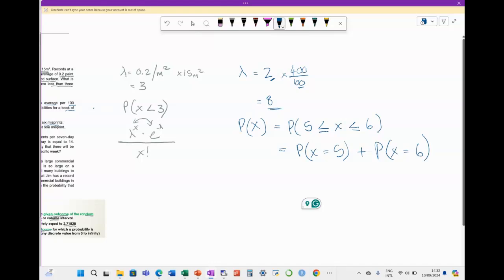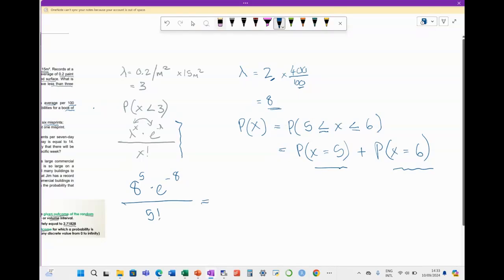Can you see that? So we now need to do the calculation for these 2 probabilities. When X is equal to 5, we're saying 8 to the power 5 times e to the minus 8 divided by 5 factorial.